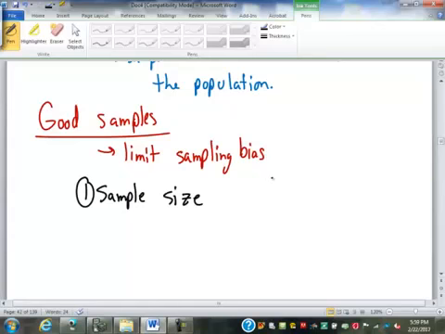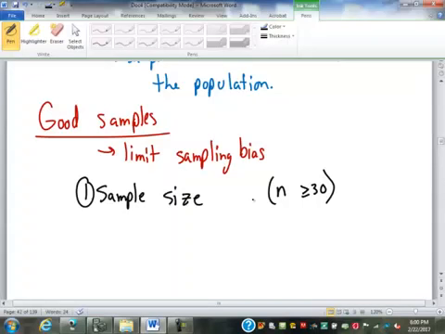One that is commonly accepted is that the sample size be greater than or equal to 30. The abbreviation for sample size is the letter N. So say that N is greater than or equal to 30 at a bare minimum.